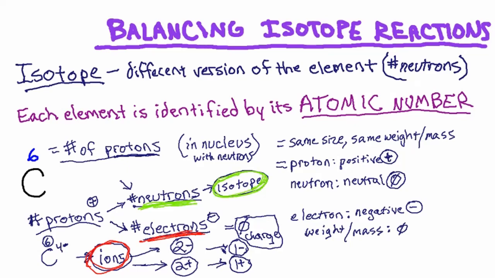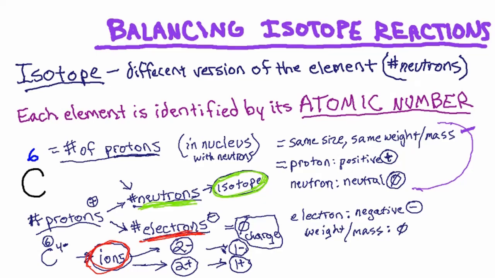Let's go back to this point that I made earlier over here on the right, that the proton is a positive charge, the neutron is a neutral charge, and that's the difference between protons and neutrons. But the similarity of protons and neutrons is that they both weigh the same.